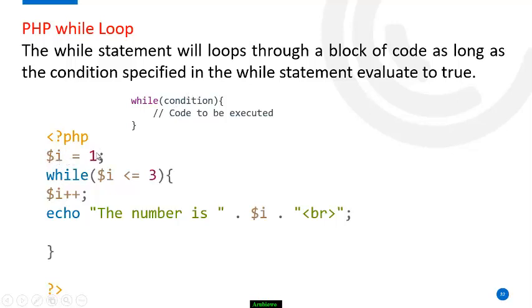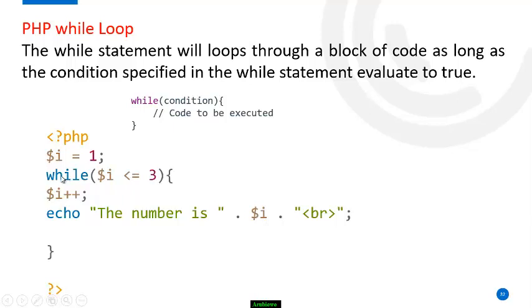We declare a variable $i as 1, then the while condition with open brackets: $i is less than or equal to 3. Close the brackets. I have a block of code with curly braces here. $i++, this is a post increment. Now we echo the number is $i.